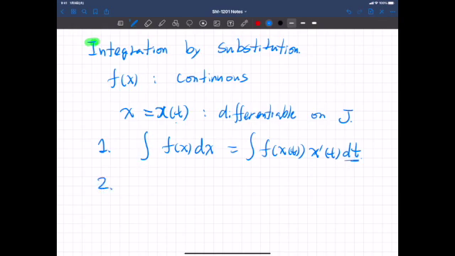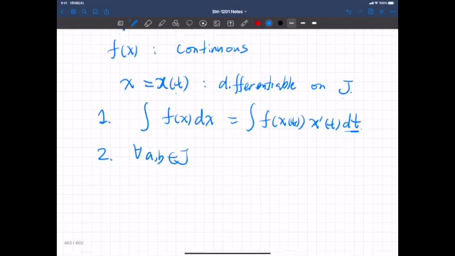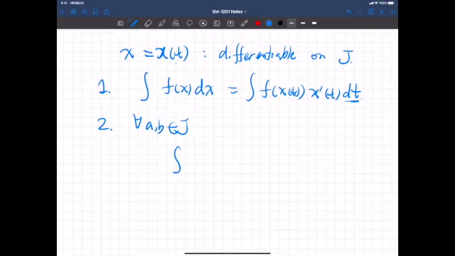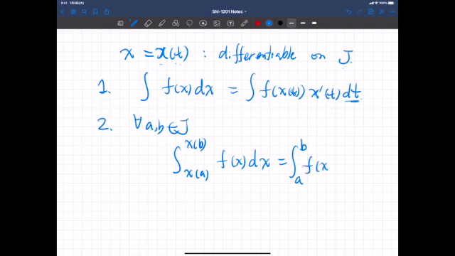And second, for any a, b in this open interval j, we have the integral from x of a to x of b. Remember, x is a function of t. And f of x dx is equal to the integral from a to b of f of x of t times x prime of t dt.